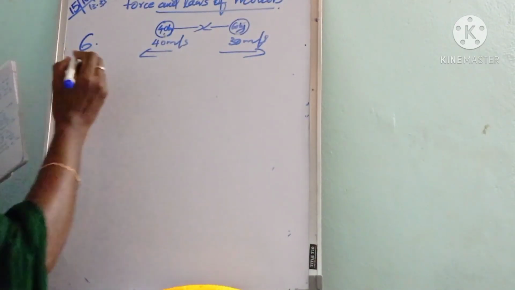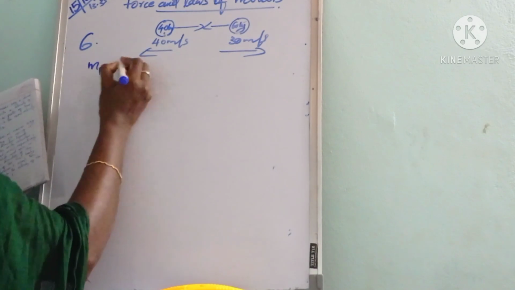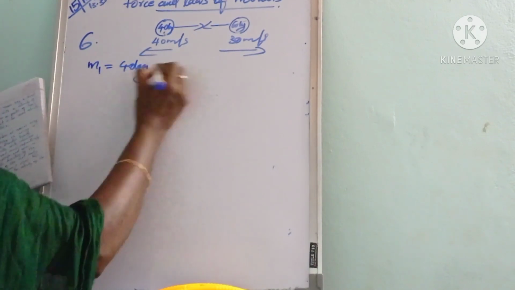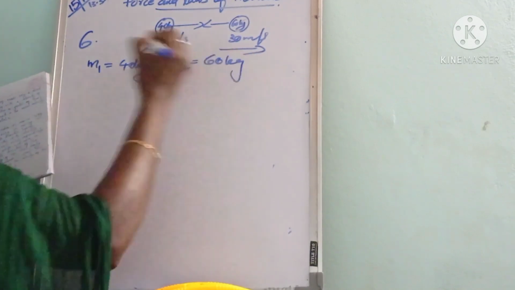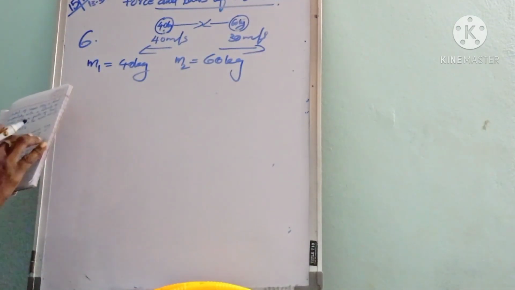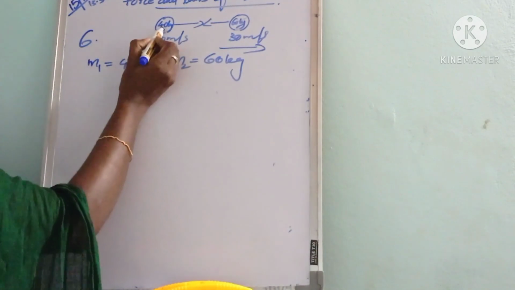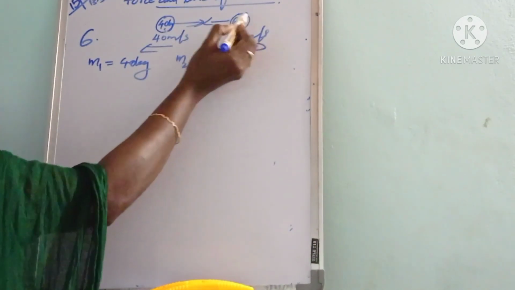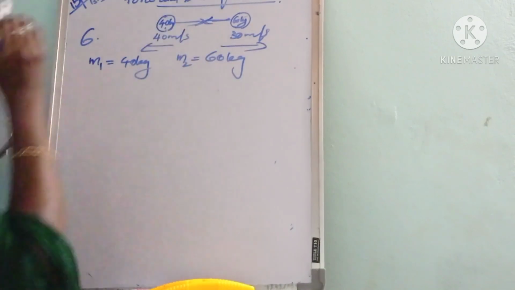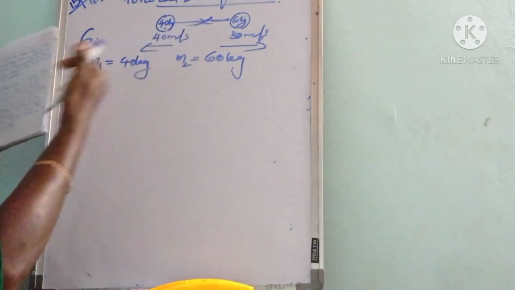Here two bodies of masses 40 kg and 60 kg. The mass of the first body is taken as m1, equal to 40 kg, and m2 is equal to 60 kg. They are moving in opposite directions like this. This one moves in this direction and this body moves in the opposite direction, towards each other.